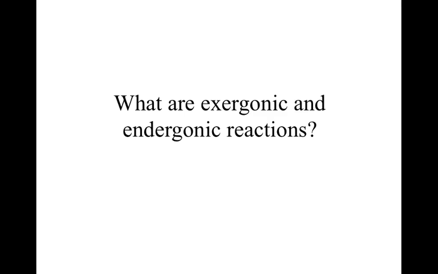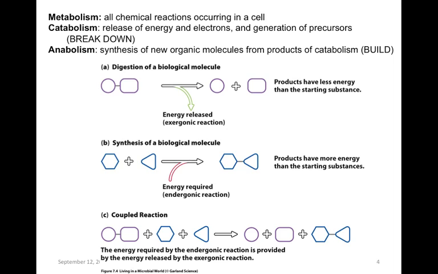What are exergonic and endergonic reactions? So we were looking at metabolism, and there's a few terms that you'll need to be familiar with for understanding metabolism. Firstly, what exergonic and endergonic reactions are. So exergonic reactions occur when you have the release of energy, and that happens when you have a breakdown of a molecule, and that is catabolism.